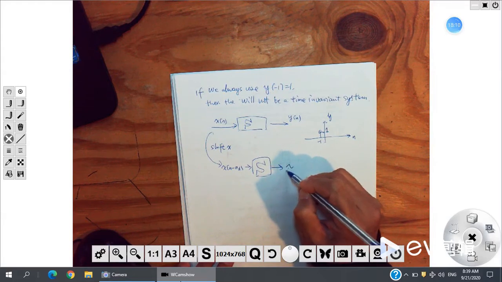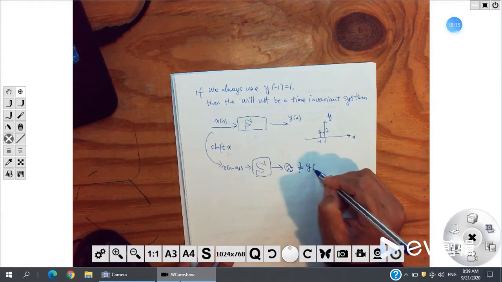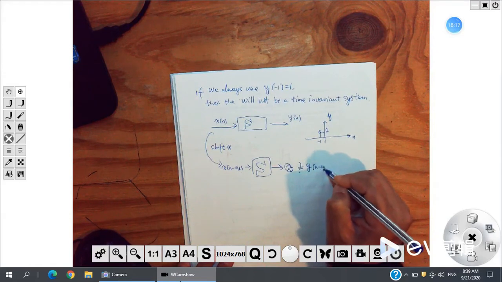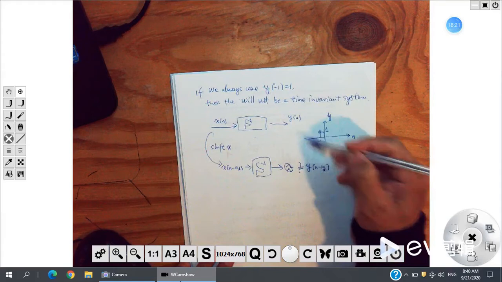I don't know whether it is equal to y[n-nd], y shifted by nd.